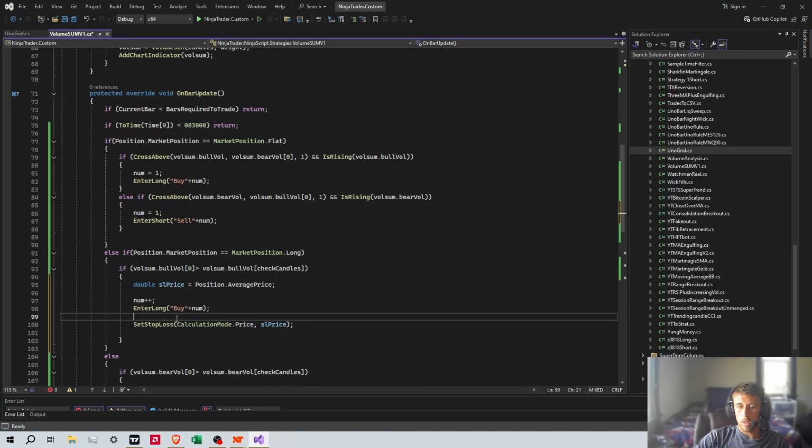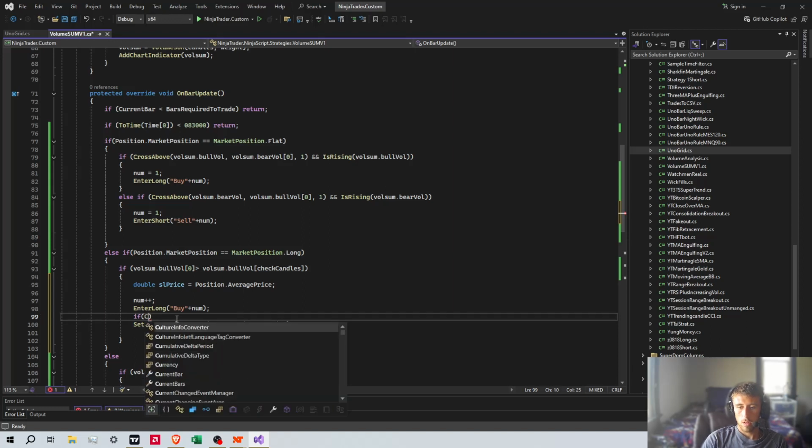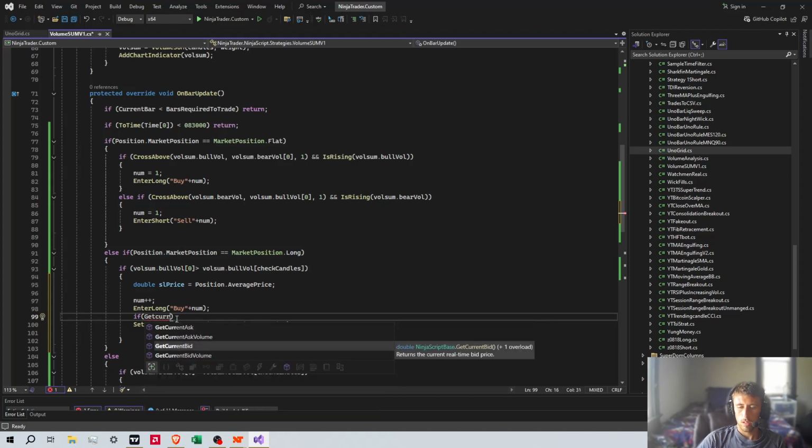So we need to make sure that if get current, I always forget, bid or ask, which one's higher?